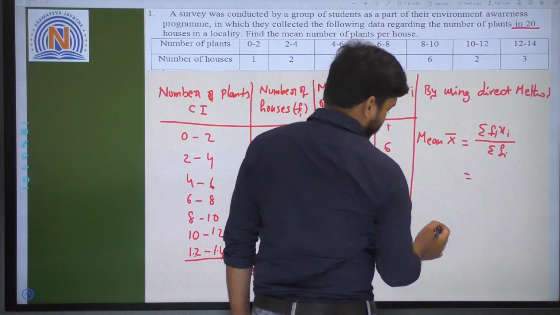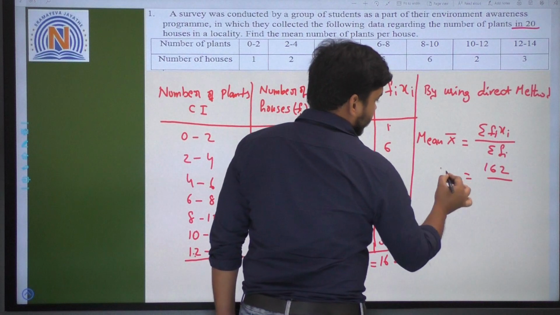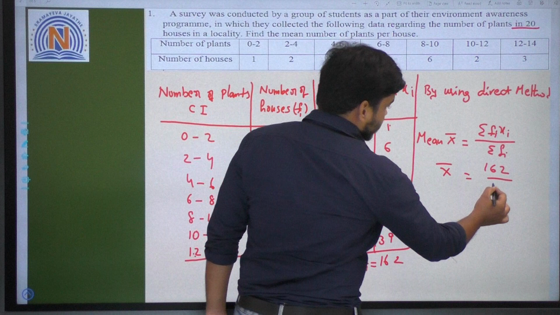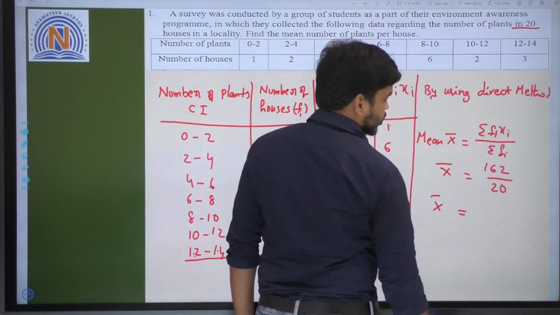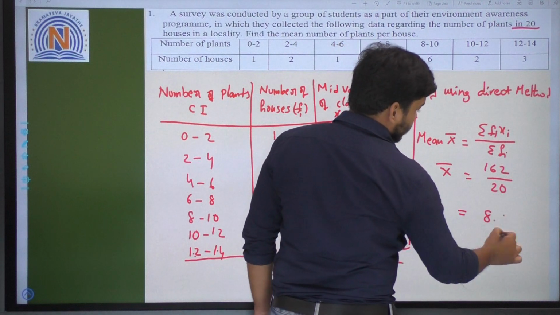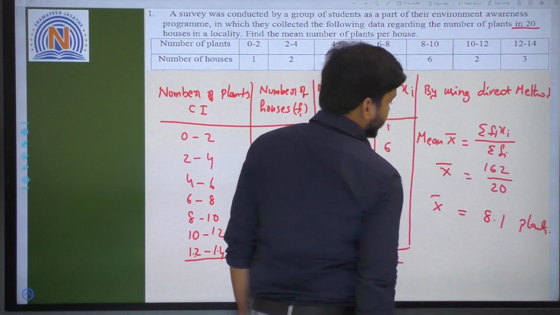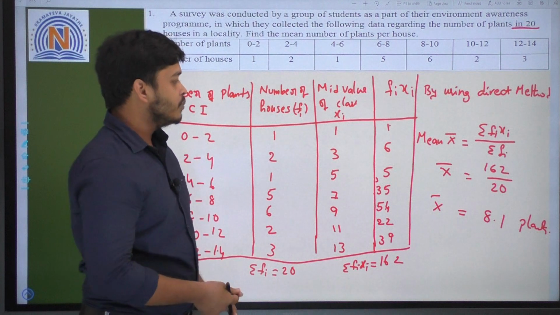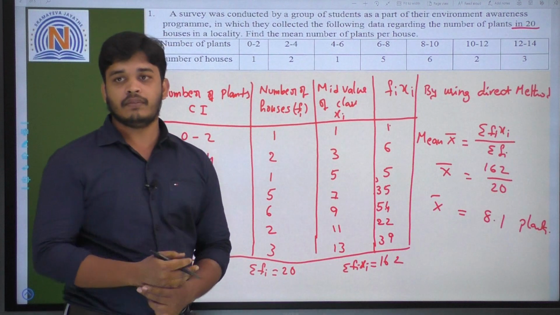Here sigma fi into xi value is 162 and sigma fi is 20. So x bar is equal to 162 by 20, which is 8.1 plants. So the mean average of the plants is 8.1 plants in a survey.